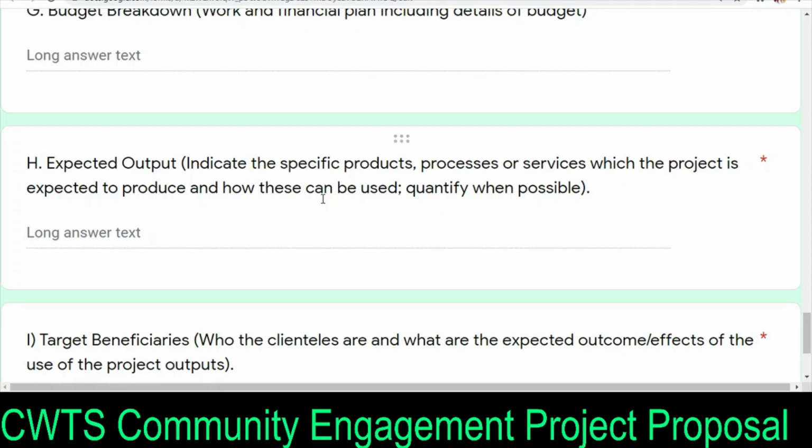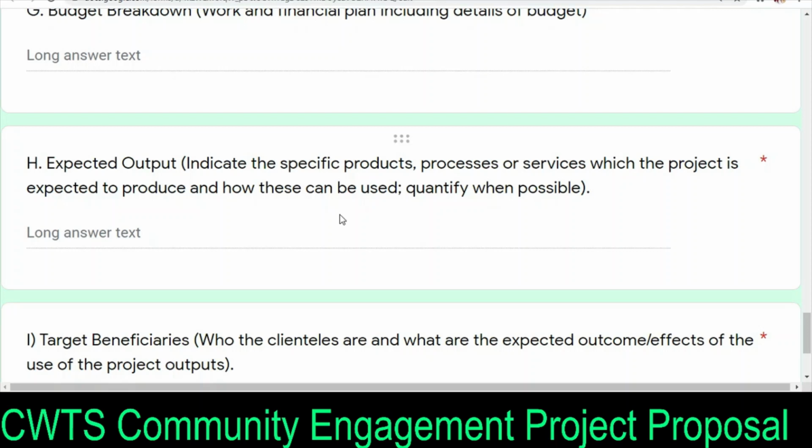If it is gardening, name the particular product, like maybe vegetables, maybe root crops, something like that. If it is for environmental conservation, like eco bricks, for example, your expected product is the brick.